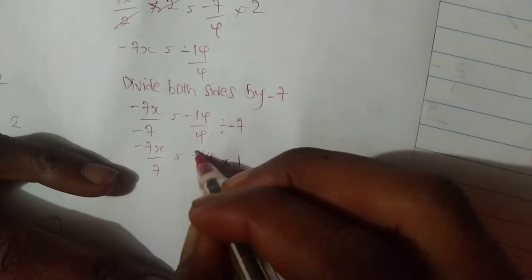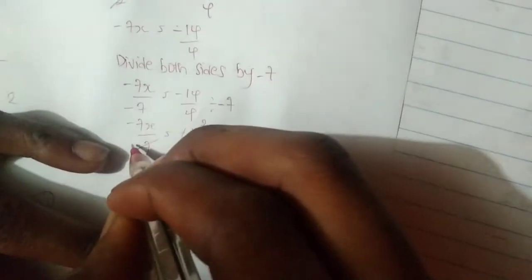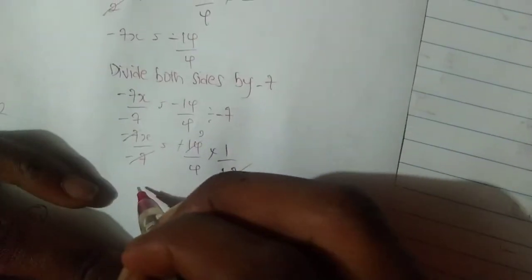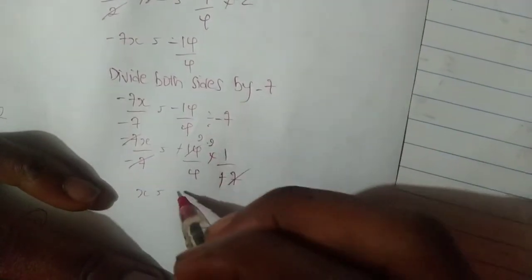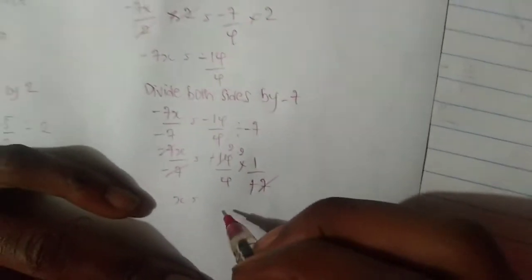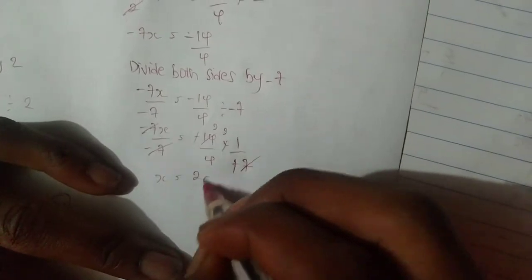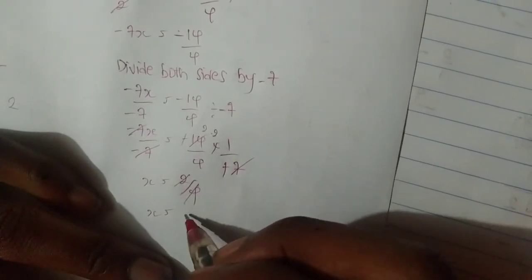Minus can cancel minus, 7 can cancel, 14 gives us 2. X is equals to 2 all over 4. This can cancel this, we have 1 over 2.